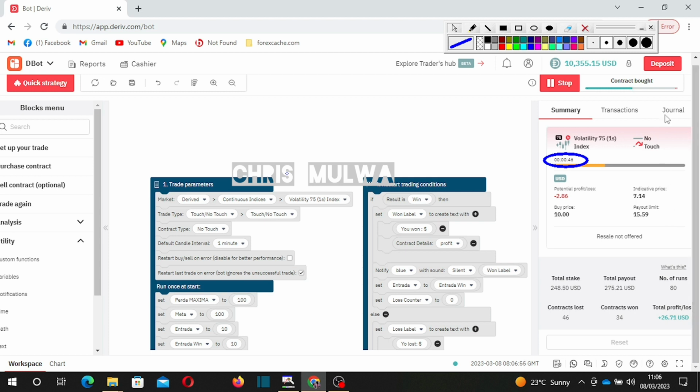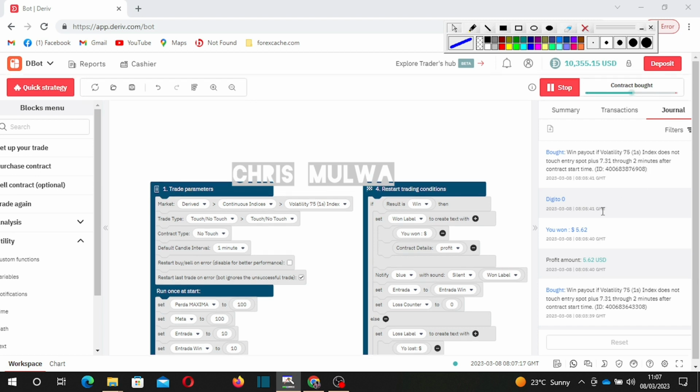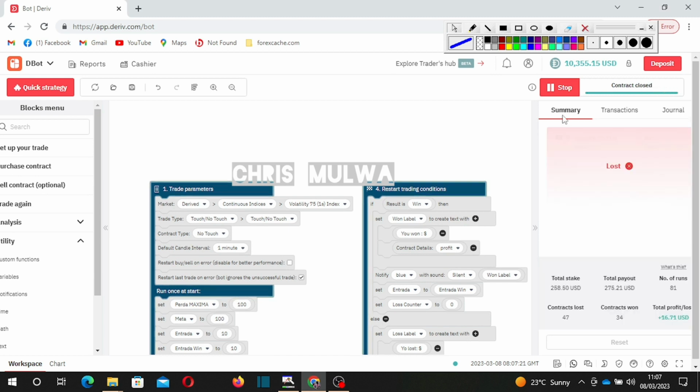You can even check the journal. The journal is explaining volatility does not touch entry spot. This one through 5 minutes after the contract starts. You see, but always ensure that you don't take too long.